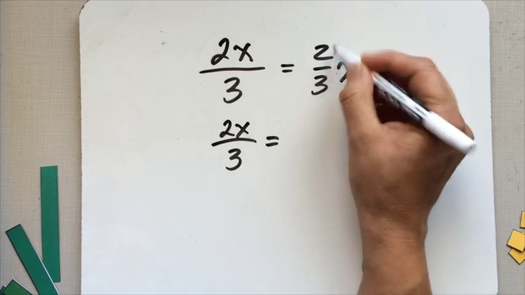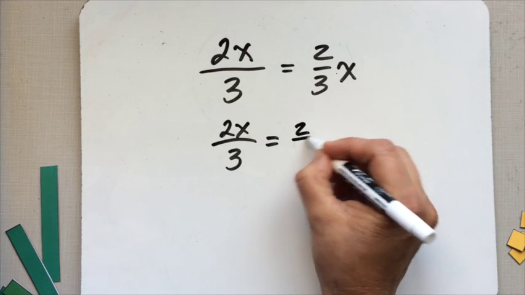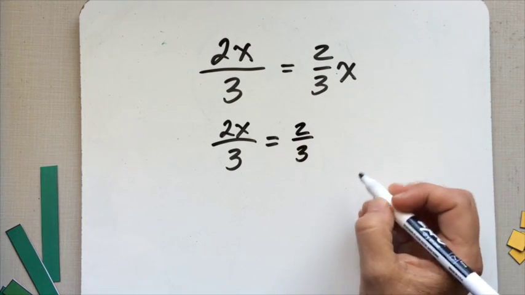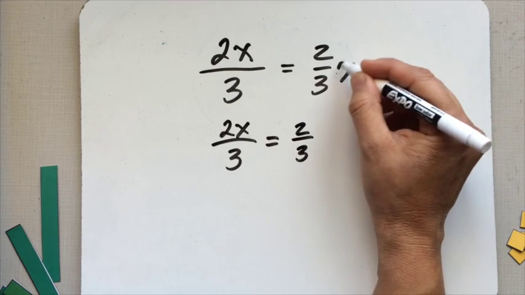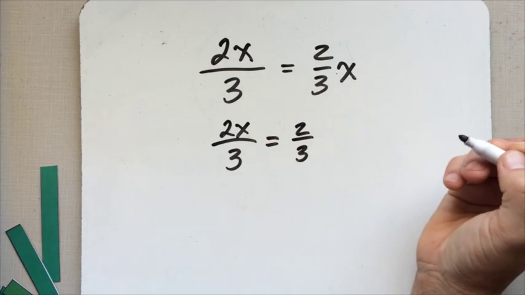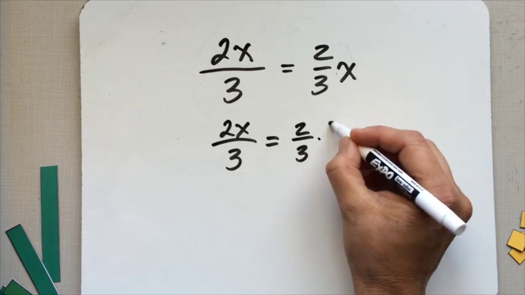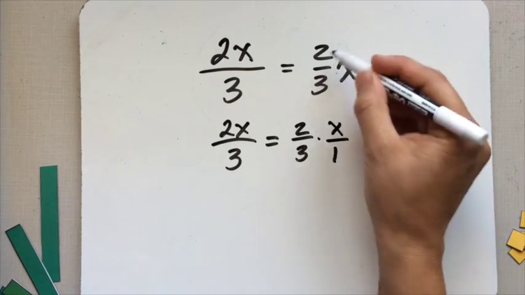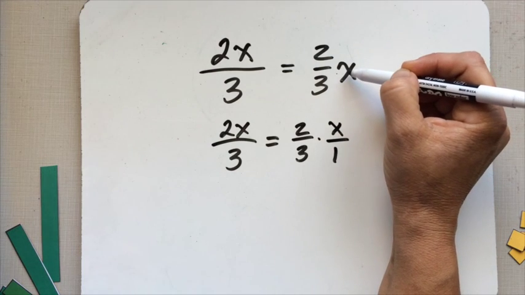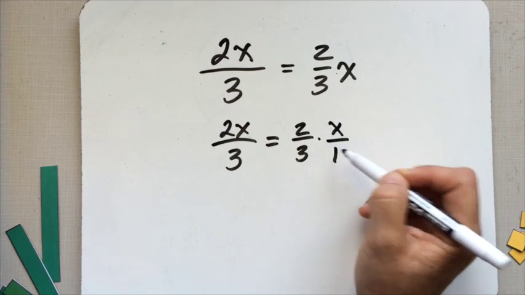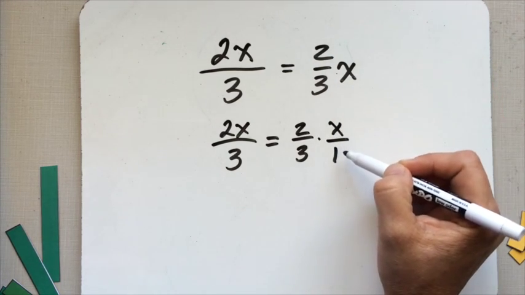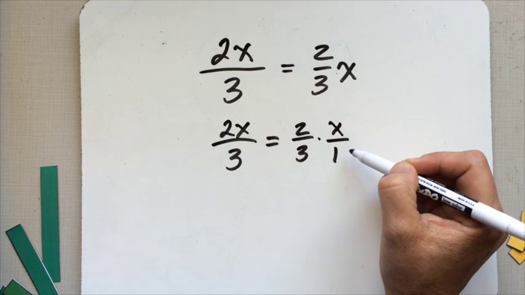So whenever I multiply a fraction times a whole number, or a number that's not a fraction right now, you've got to get used to just using this variable like a number. Anything you can do with a number, you can do with a variable. So I'm going to change this to this. These are the same. 2/3 times x is the same thing as 2/3 times x over 1. Everybody agree that x is the same thing as x over 1?